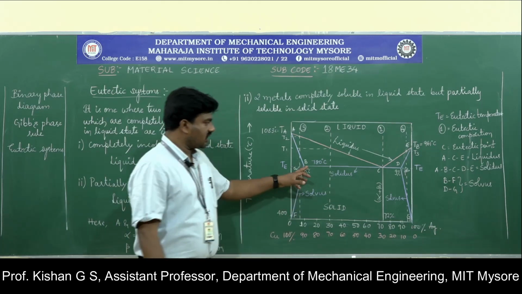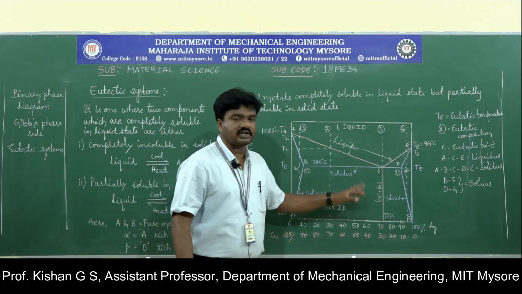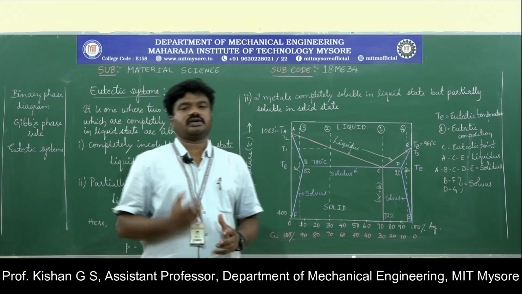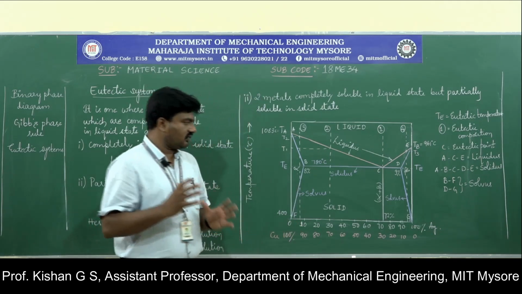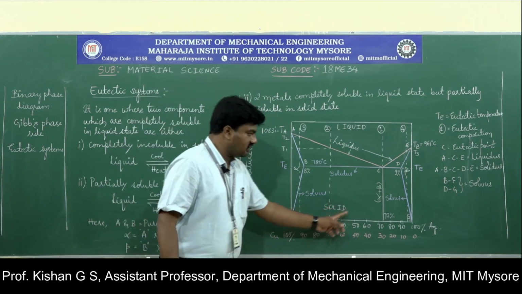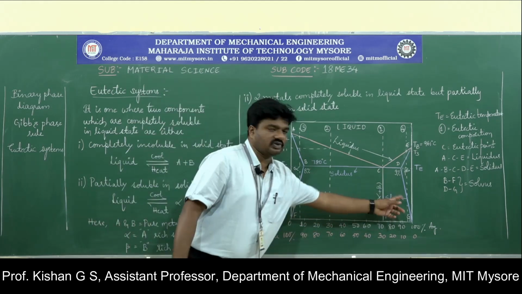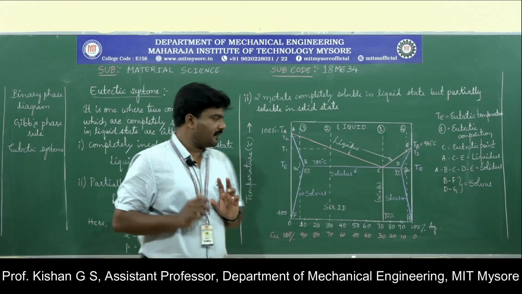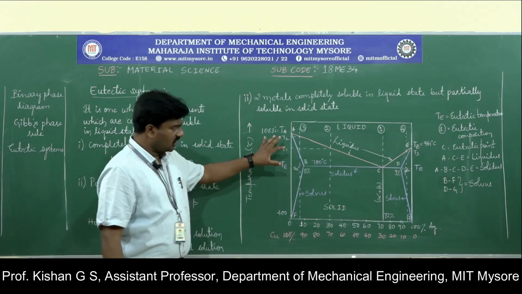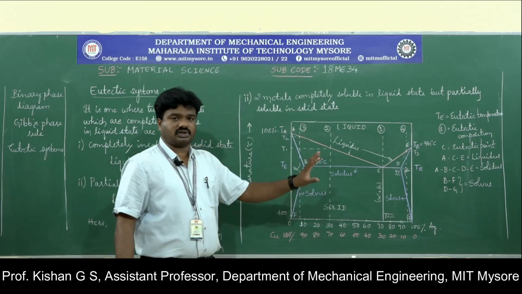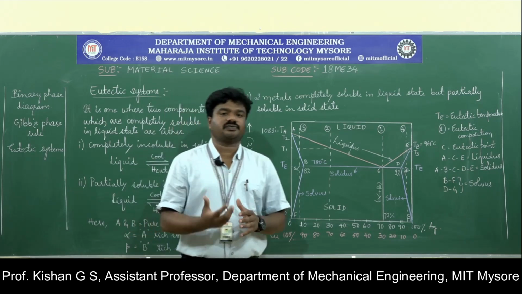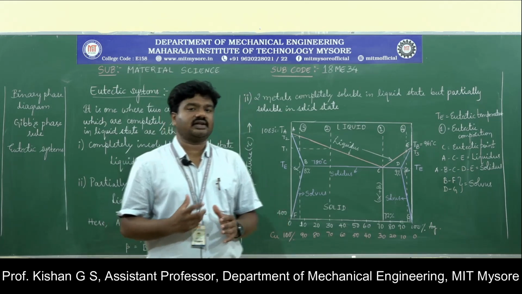The line here is the solidus line, below which the entire material combination will be solid in its structure. Here you have to observe that the solid structure will be represented beneath the solvus line, not for the entire representation of composition. Okay. Now the point at which the complete solubility happens, whereas in the first type we had represented it using the letter M.